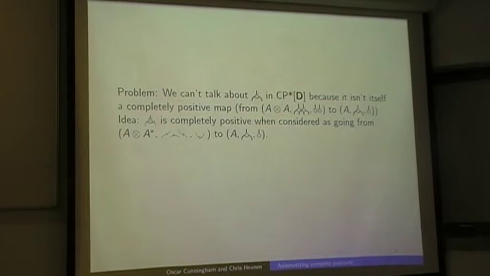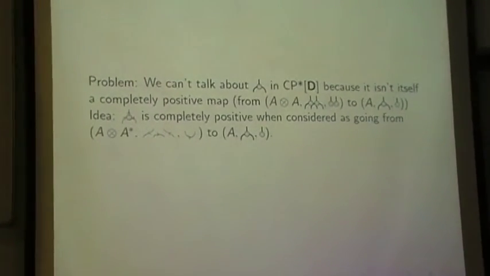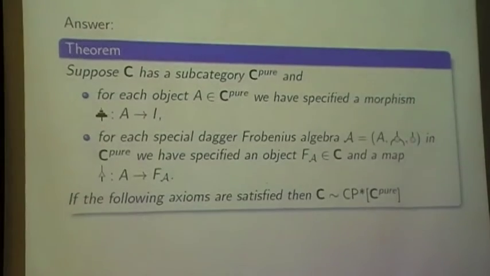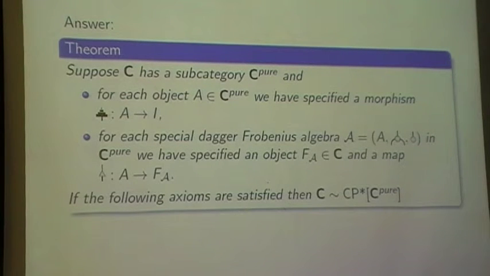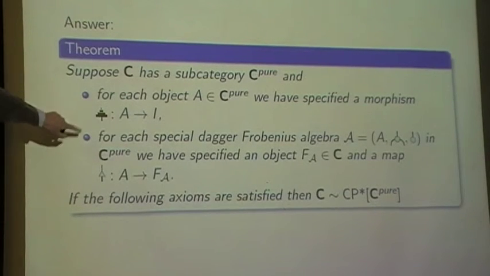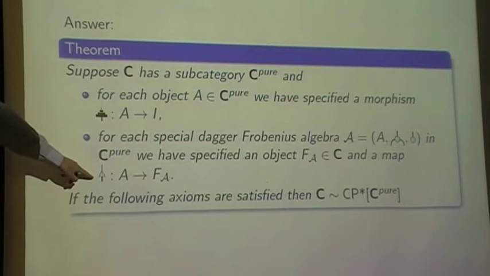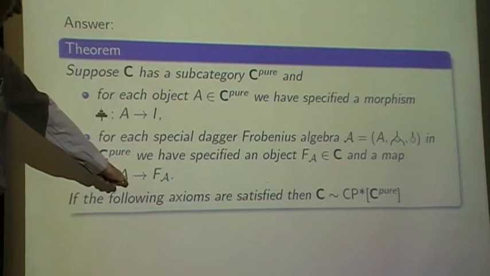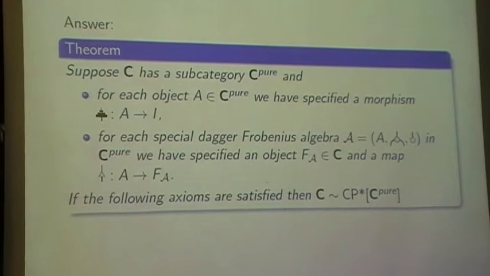And so here's the main theorem of the paper. It tells you when a category is CP star of something, and of course because CPM lives in it, we still have these discarding maps, and now we also have some extra maps which go from a pure thing, which is one of the completely quantum C star algebras, to an arbitrary one.